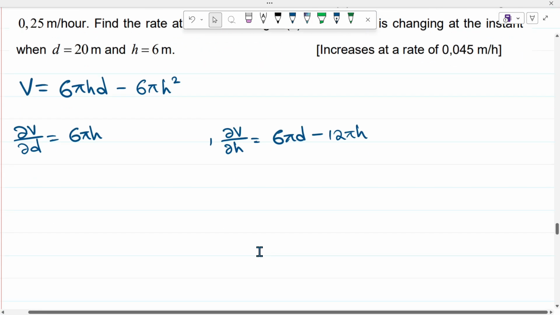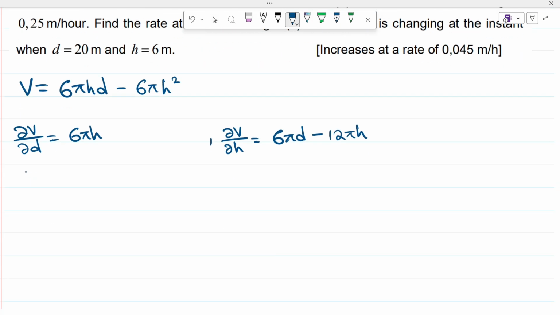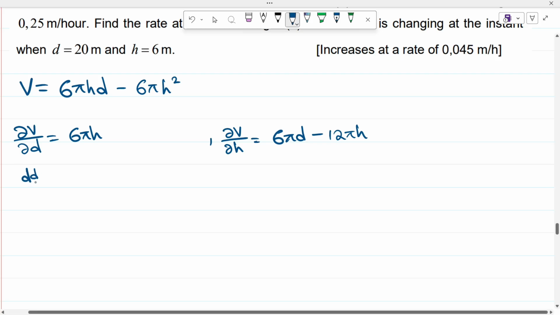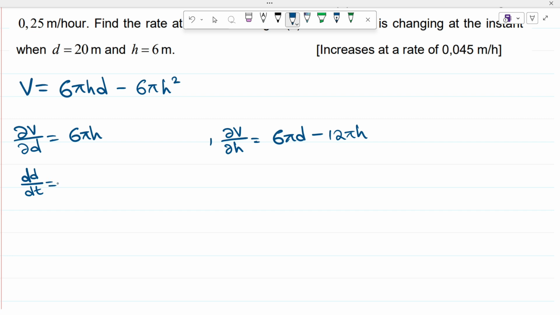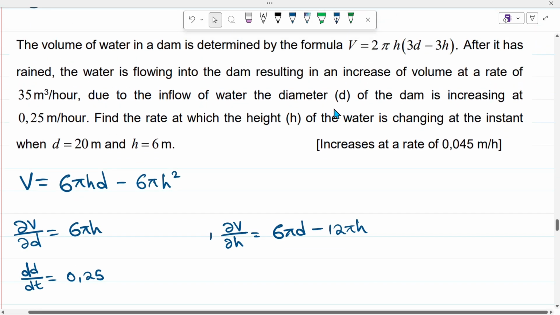So now let's write our rates. The rate at which the diameter increases with time is given to us as 0.25. You remember that they say the diameter of the dam is increasing at 0.25 meters per hour, so that's the rate.